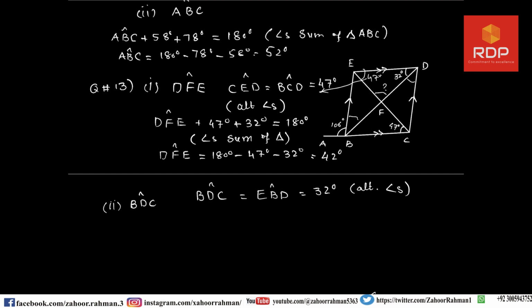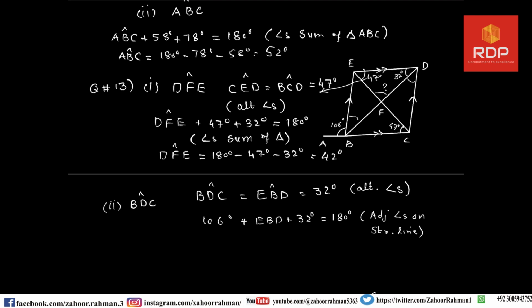And now we can write that 106 plus EBD plus 32 degrees is equal to 180 degrees, adjacent angles on a straight line.